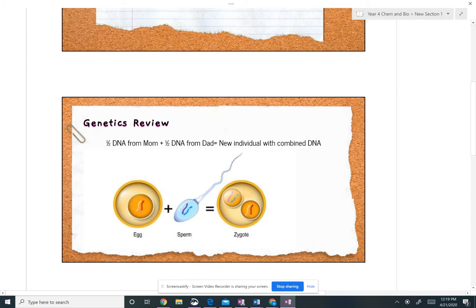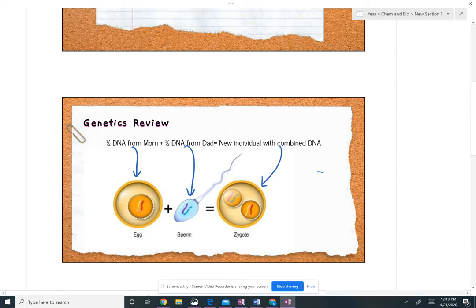Last unit, we talked about how we get our DNA from our parents. As we know, half of our DNA comes from mom, half comes from dad, and that eventually makes this new cell that is going to be a combination of DNA from mom and dad.